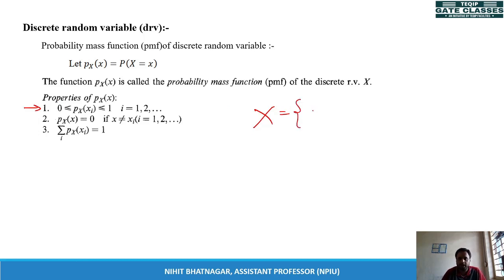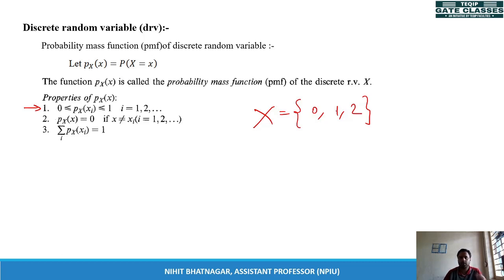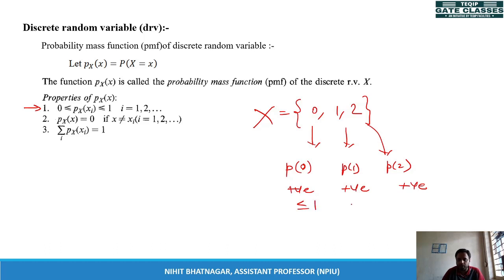A random variable will contain some values like 0, 1, and 2. Regarding the probabilities, p(0) is something, the probability of random value 1 is p(1), and then p(2). These are all positive and all less than or equal to 1.